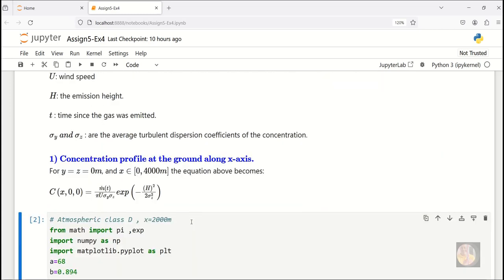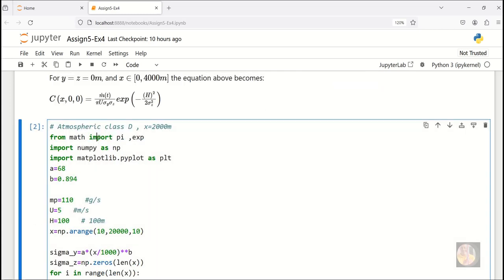So what I did is the following. I imported pi and exponential, but even exponential I don't need, because I used np.exp from the NumPy library. I imported NumPy because I will work with vectors. So for that, I will draw a sigma y vector through x. Sigma y is a function of x, and sigma z is a function of x, both functions of x.